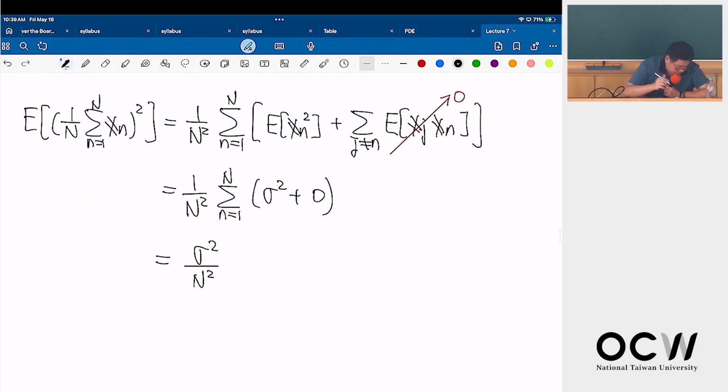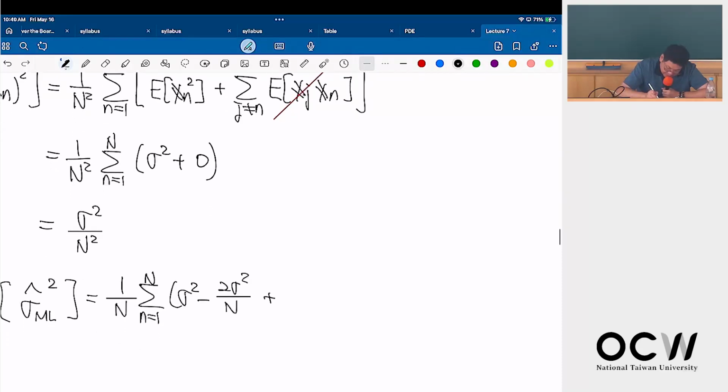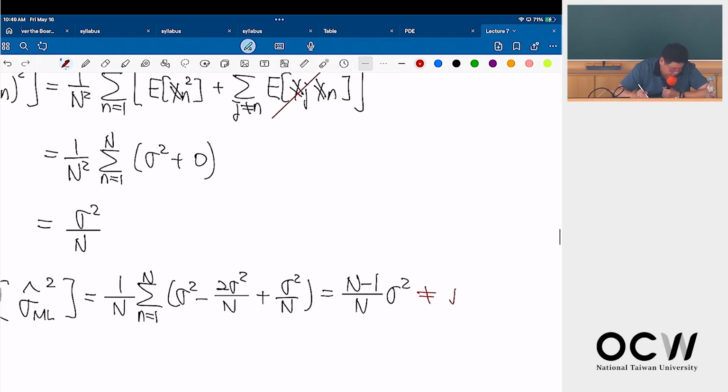So now we can check the expectation of this estimated variance. It is 1 over N summation n from 1 to capital N of sigma squared minus 2 sigma squared over N plus sigma squared over N, and this is N minus 1 over N times sigma squared, and it is not equal to sigma squared.